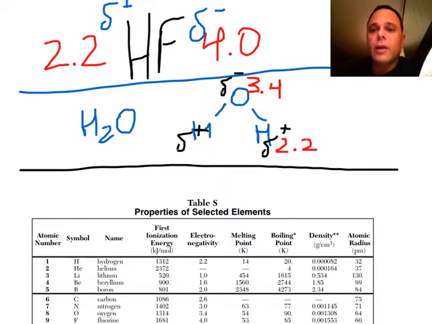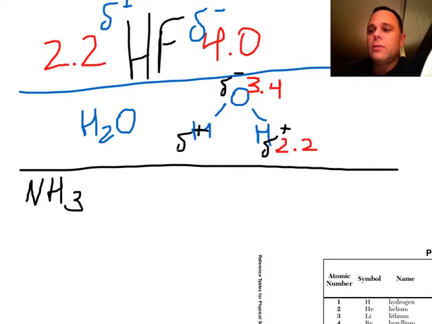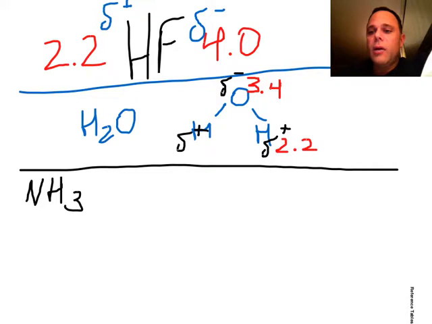Now let's take a look at NH3. The value for nitrogen is right down here at 3.0. So let me get that out of the way. I'll draw out what this looks like. We have a nitrogen bonded to a hydrogen, and a hydrogen.